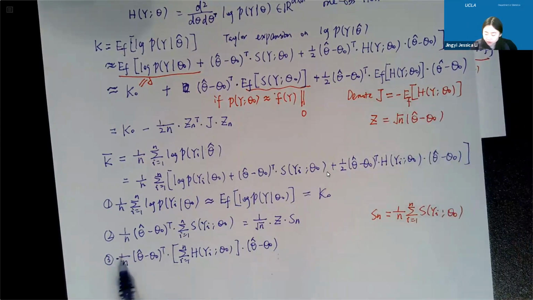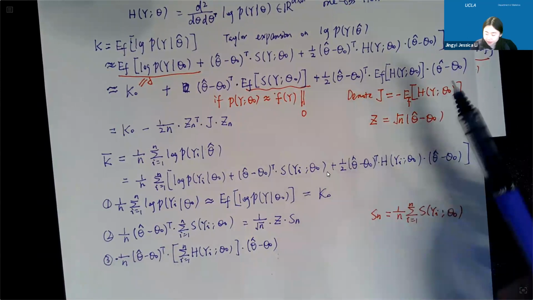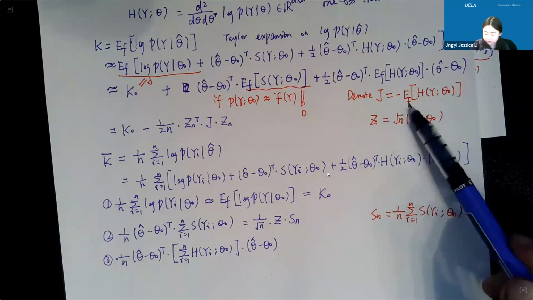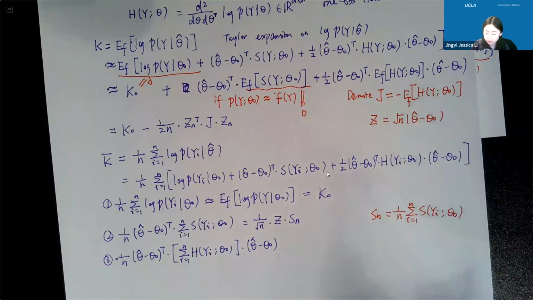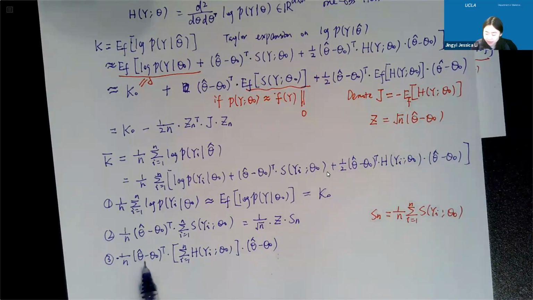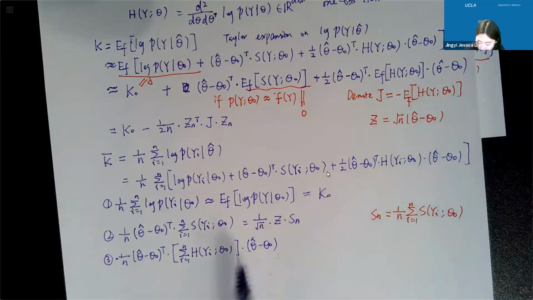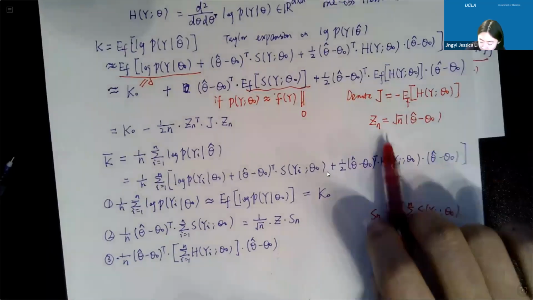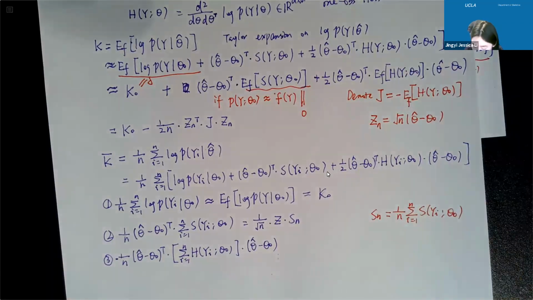I can move the 1 over n inside, and the average of the Hessian can be approximated by the expectation of the Hessian, which is J, but J has a negative sign, so I want to keep that. I'm going to rewrite this term by Zn and this term by Zn. Sorry, I forgot this important subindex because there's an n involved. Whenever there's a sample size involved, we should mark that.